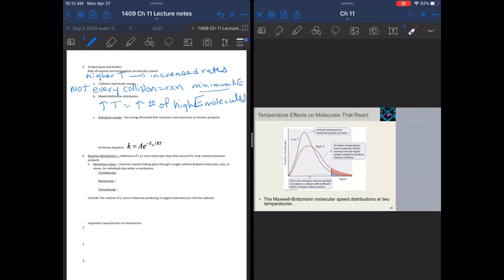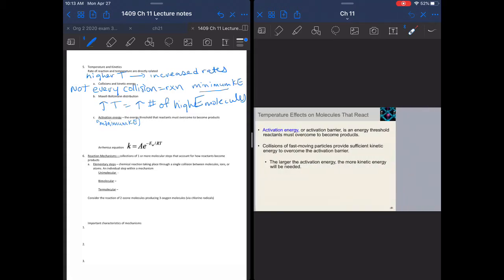And so ultimately, it's more statistically likely that a collision is going to have a high enough energy to react. So that'll speed up the reaction. This minimum kinetic energy is called the activation energy.